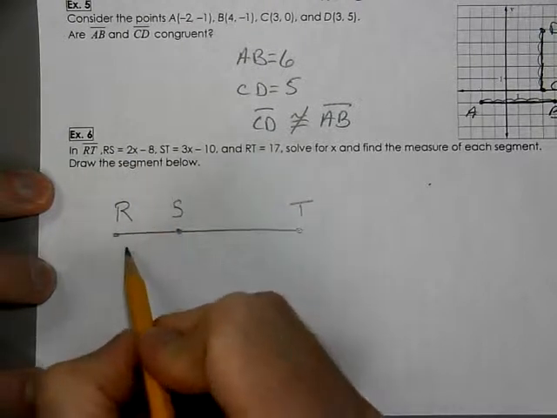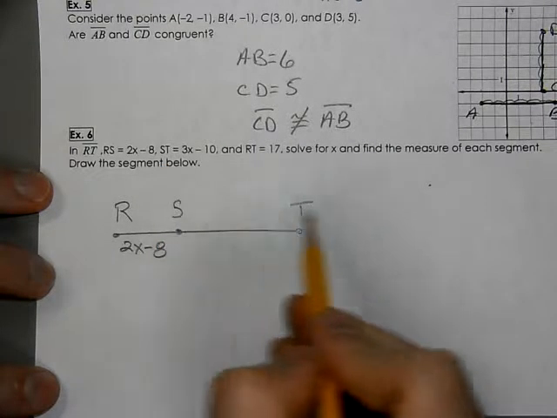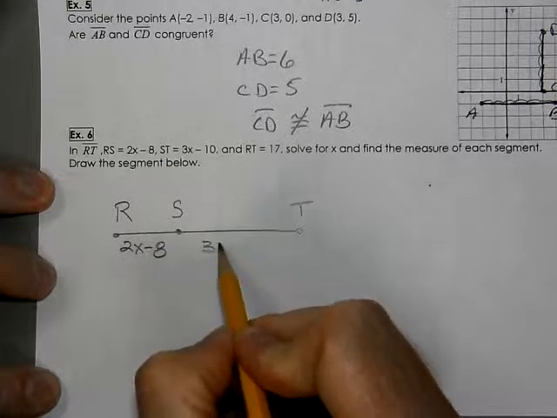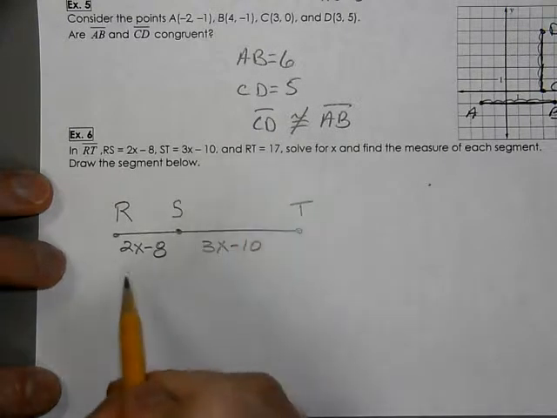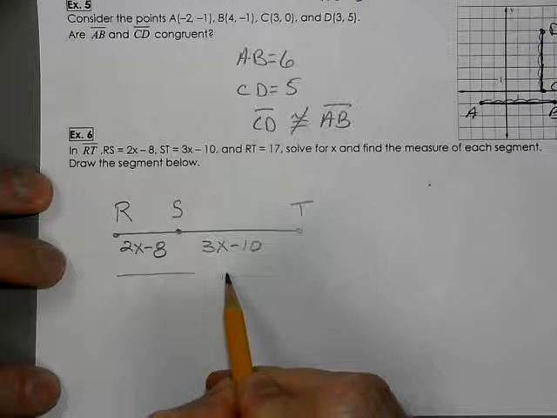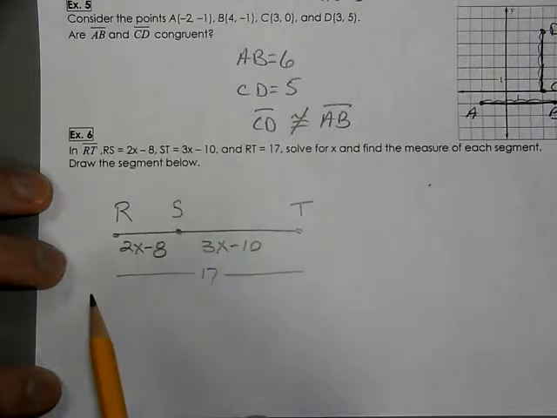So RS is 2x minus 8. S to T is 3x minus 10. And you know that the whole thing is supposed to be 17.